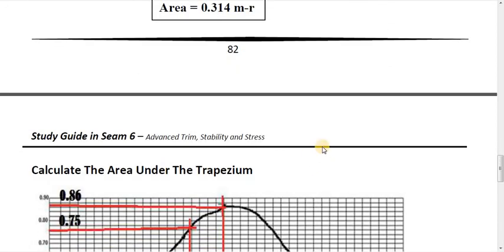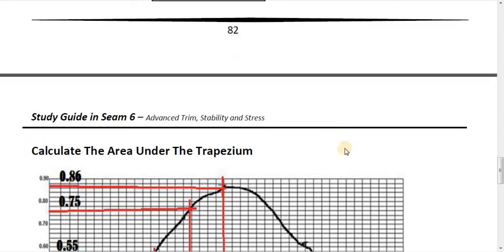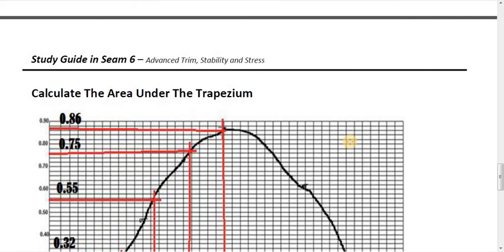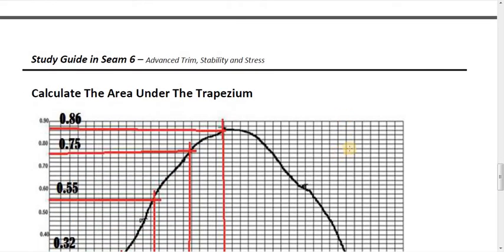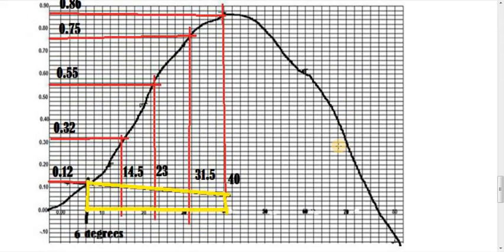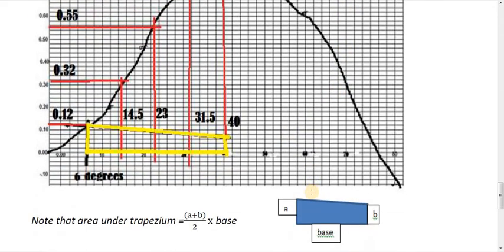Next calculation is the area under the trapezium, which will be subtracted from the area under 40 degrees. The area under the trapezium is calculated from the trapezium rule: A, one side, plus B, the other side, divided by 2, multiplied by the base.